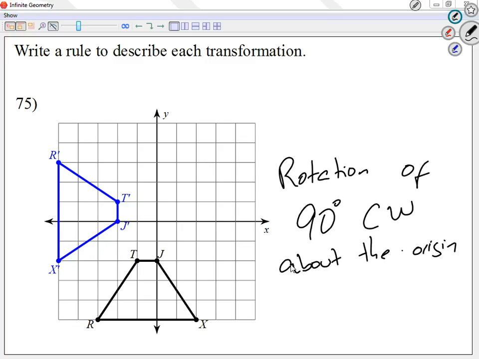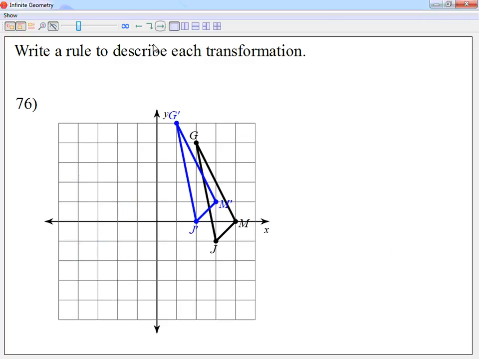I know we also saw dilation. Things got bigger and smaller, but I won't have that on the test. I'm only going to have those three: translation, reflection, rotation. Number 76 looks like translation.